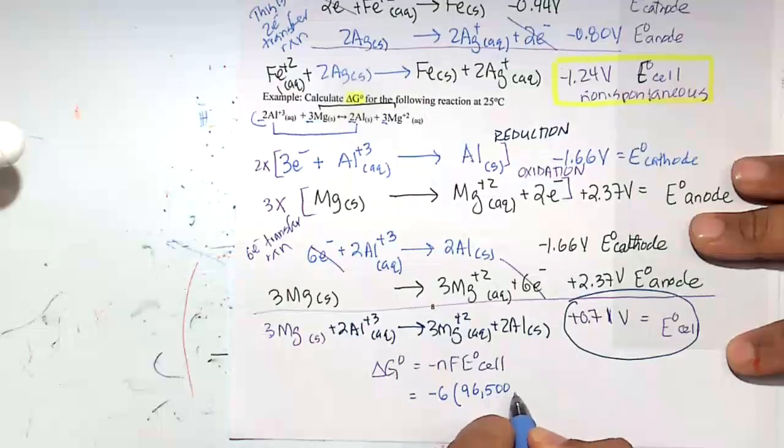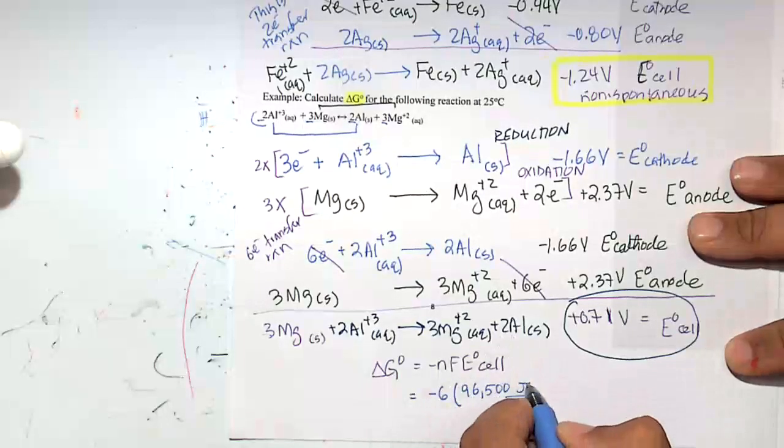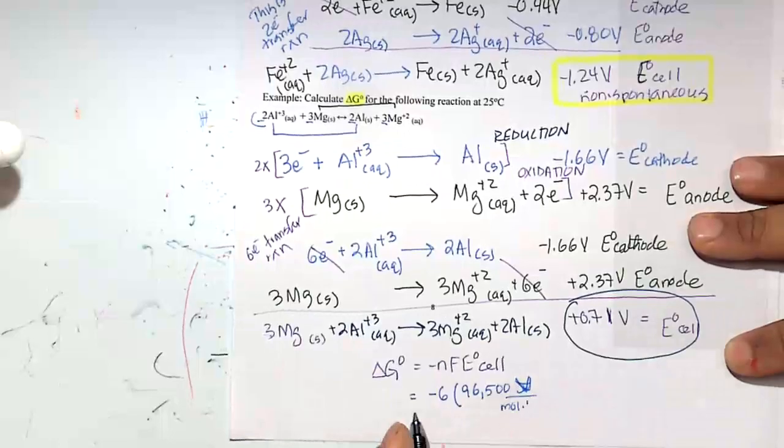F is 96,500. The units are joules per mole. Actually, it's not joules per mole, it's volts per mole.